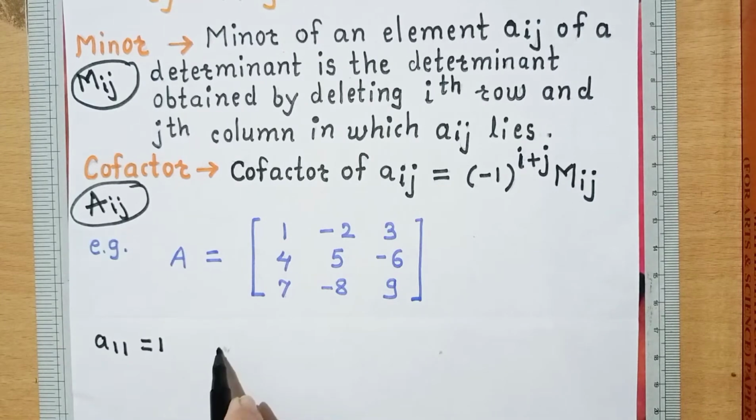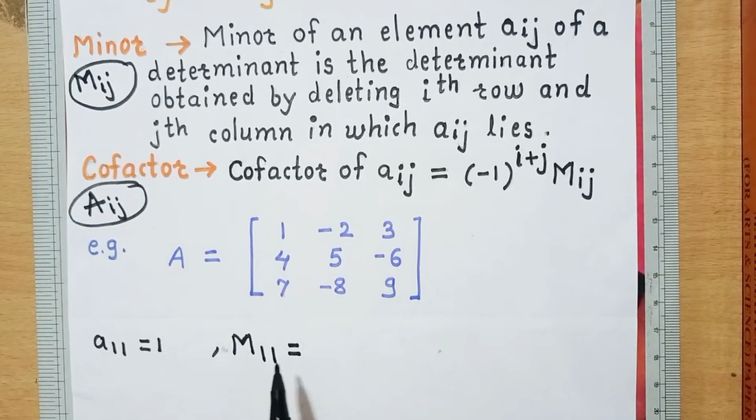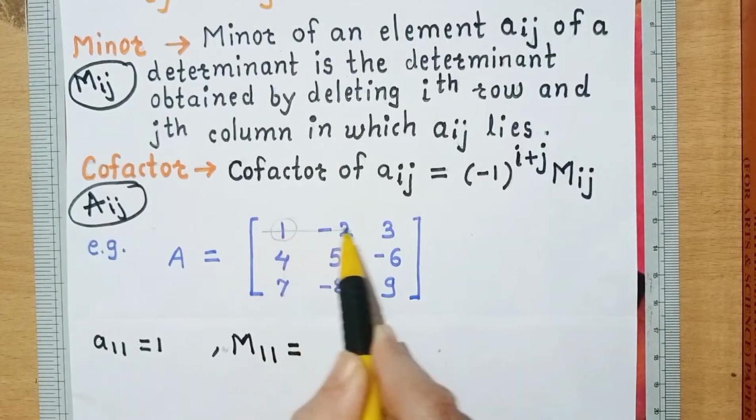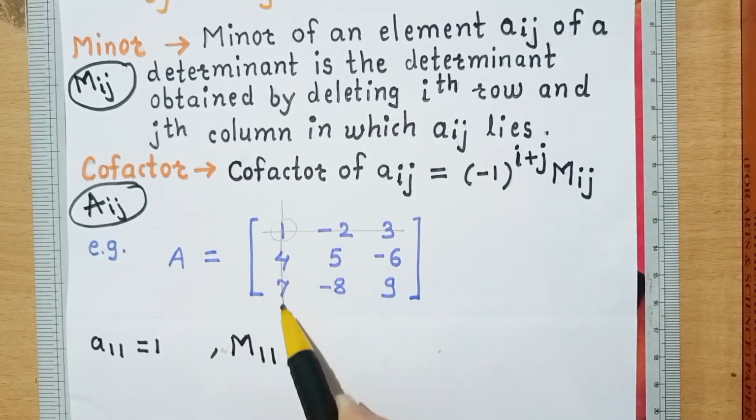So first we will write the minor of this, which is M11. That is equal to the determinant obtained by deleting the row and column in which this element lies. So 1 lies in this first row and this first column.